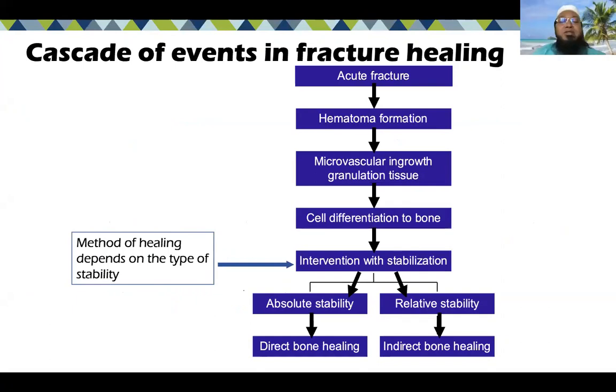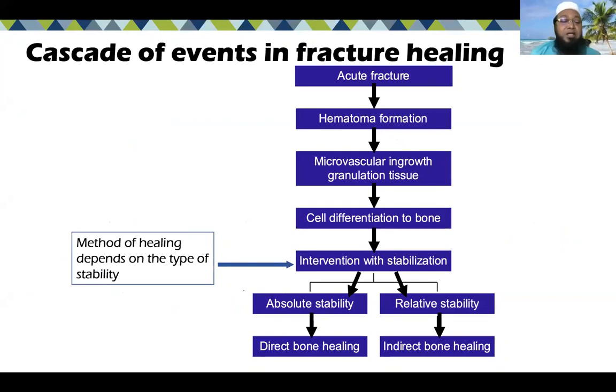Okay, sure. I'd like to say there are a lot of events that happen when there is a fracture. First of all, there is hematoma formation at the fracture site. Following the hematoma, there is microvascular ingrowth and formation of granulation tissue, and there is cell differentiation to bone.